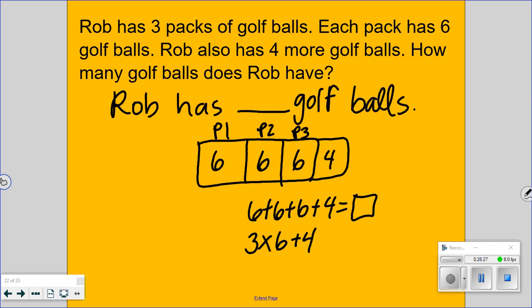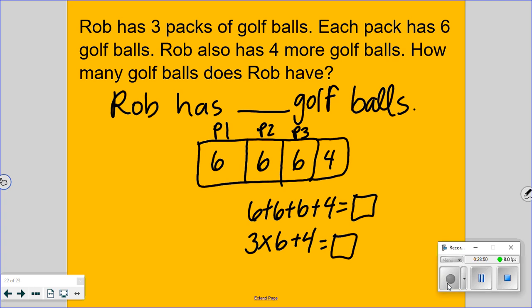Do we see 3 groups of 6 plus 4 more? Yes, 3 6s. On your test on Friday, you will have to make an equation that has both steps in one. Wait, test?